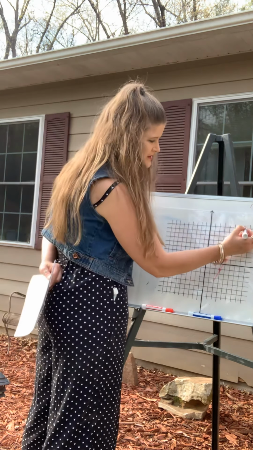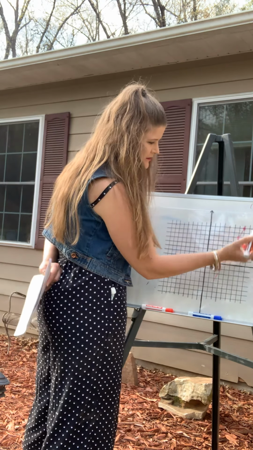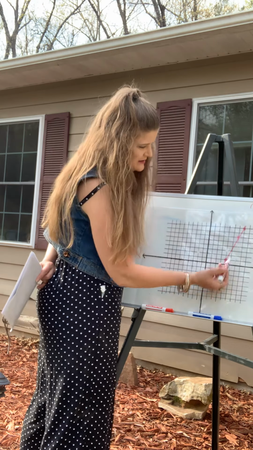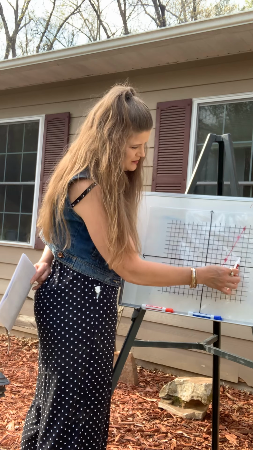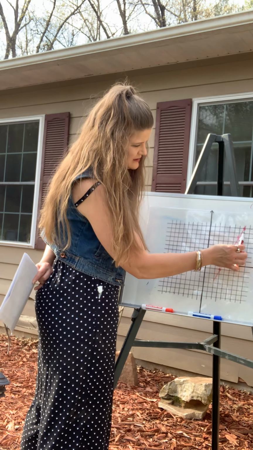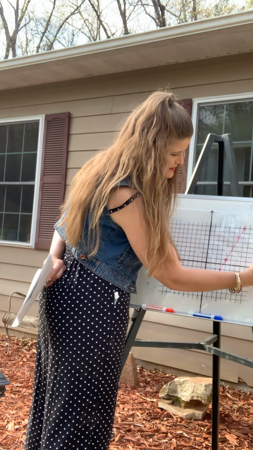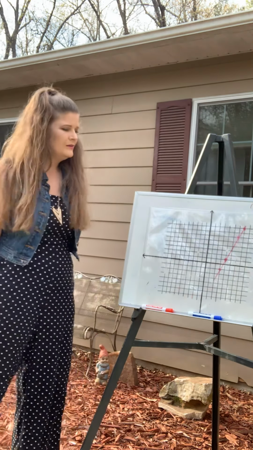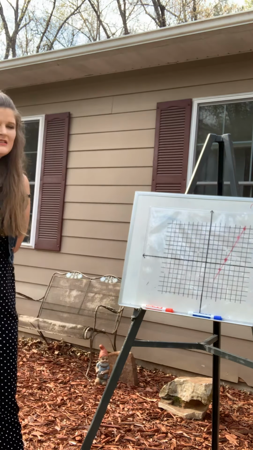I could pick this spot. How many spots over for x? 1, 2, 3, 4, 5, 6, 7. How many spots up for y? 1, 2, 3, 4, 5, 6, 7, 8. 7, 8. And we could find more. We could keep going. But it's as easy as that. Connecting the points so that you can create a line. All right?